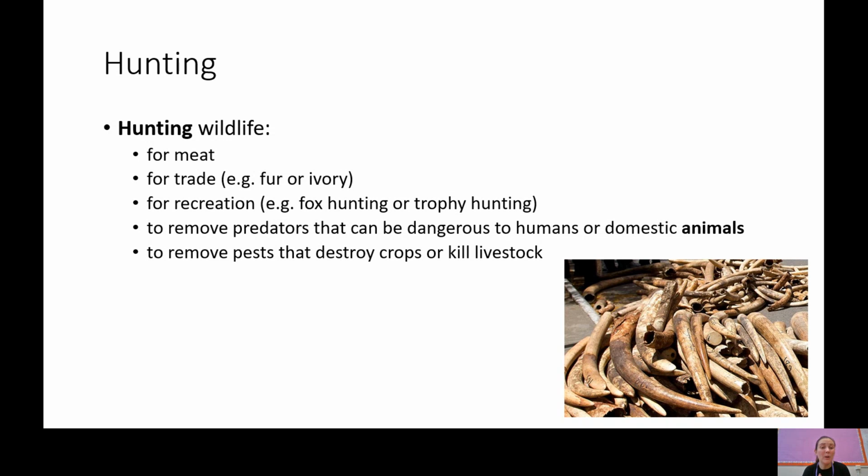Sometimes people hunt to remove predators that can be dangerous to humans or domestic animals. If you've got a predator that is eating all your cows and you are a cow farmer, you might decide that you need to hunt that predator in order to keep your animals safe. Also to remove pests that destroy crops or kill livestock.